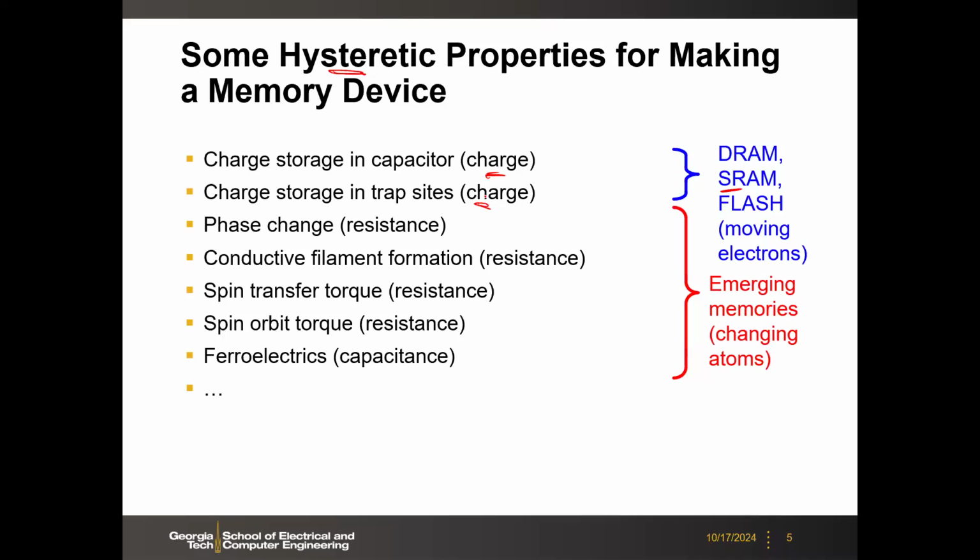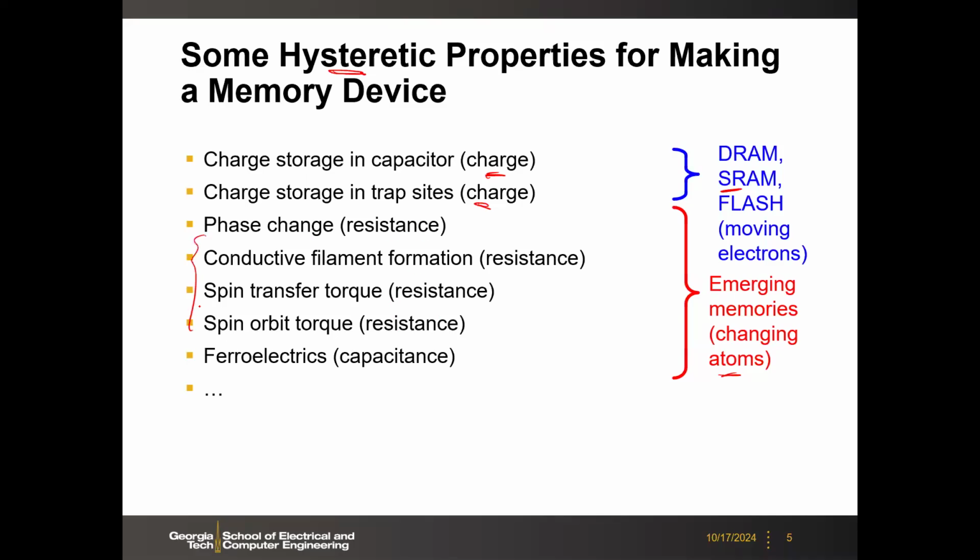And then if you look at the emerging memories we are going to discuss today, many of them involve moving the atoms around instead of the charge, electrons and holes. So the emerging memories try to explore the possibilities to move the atoms. For example, here you have different mechanisms to change the resistance.